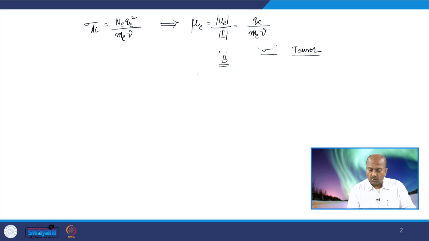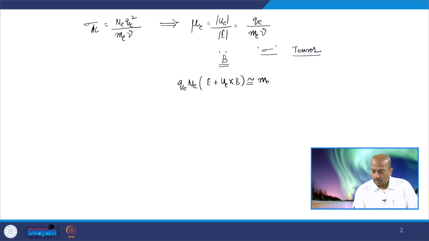So, making the force balance simple, the Lorentz force, QE NE times, so we are writing capital NE times E plus UE cross B will be approximately equal to ME NE nu UE.